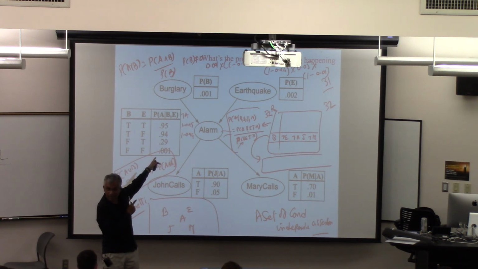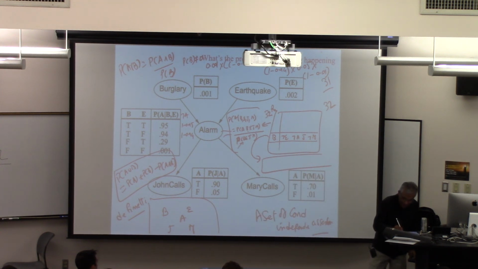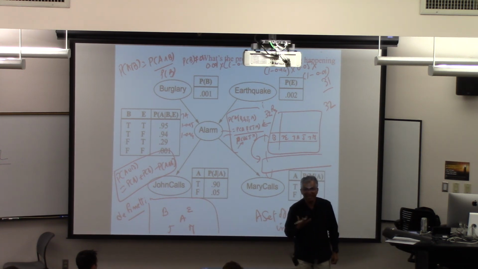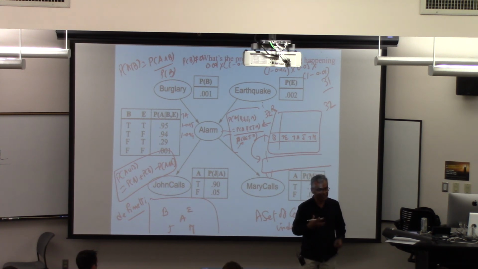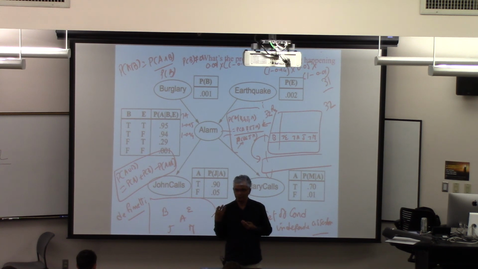So if you want to believe it, you should have put a link from earthquake to Mary. So that's what giving the topology of the network means. The topology of the network is telling what you know about the domain. See what I'm saying? Okay?